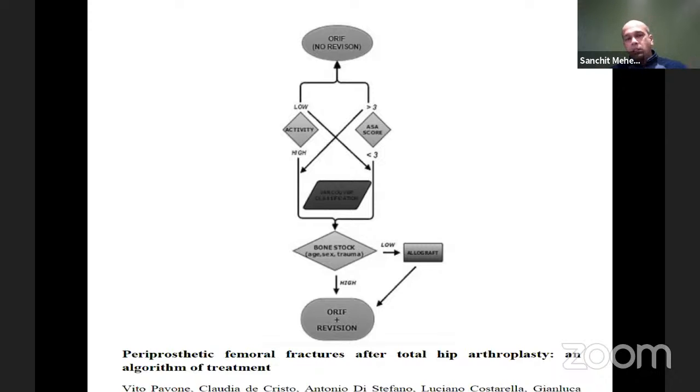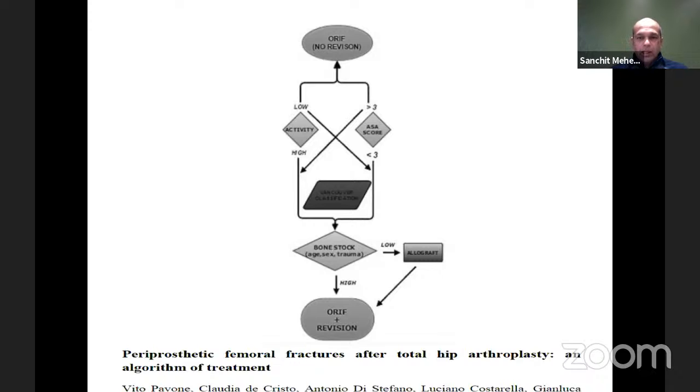If the activity is low and the ASA score is greater than 3, i.e. you're doing it mainly for pain relief, don't revise the prosthesis, just fix it with good plating systems, possibly dual plates if needs be. If the patient activity level is normal or high, and they are not as comorbid, then you think about the Vancouver classification and then deliver according to the bone stock.